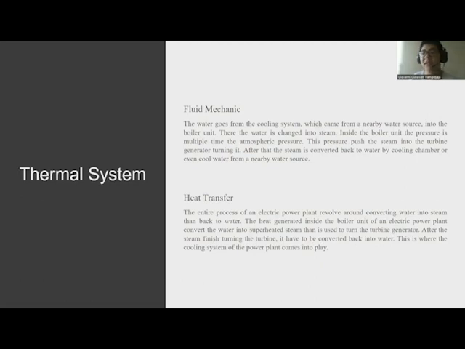The fluid mechanics are actually simple because the water is moved and turned into steam, and then the steam, because of the pressure, is pushed through a pipe into the turbine. Next will be explained by my friend.